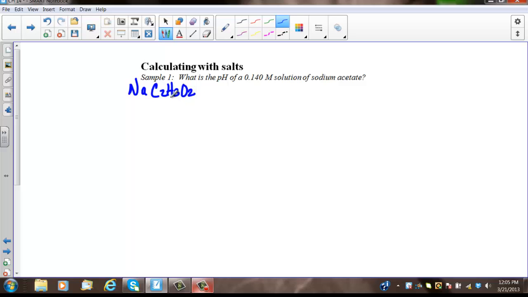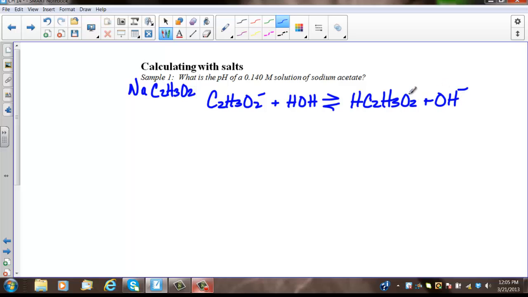In solution is the acetate ion, C2H3O2 minus plus HOH is going to yield HC2H3O2 plus OH minus. So if we were to create an ICE table for this situation, we would be starting with 0.14 molar. We're not worried about water because it's pure. This is going to be 0, 0, minus x, plus x, plus x.